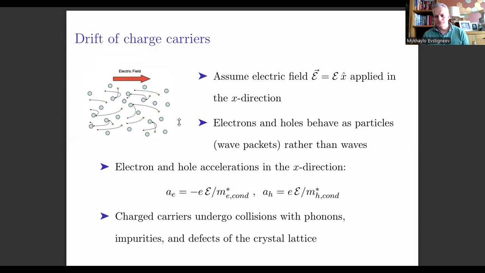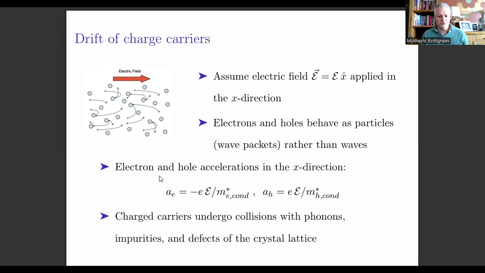Between two collisions, an electron acquires a certain non-zero regular velocity component in the direction opposite to the electric field. So it is accelerated by the electric field, it acquires velocity, but then when it collides with the lattice, its velocity is reset to zero.